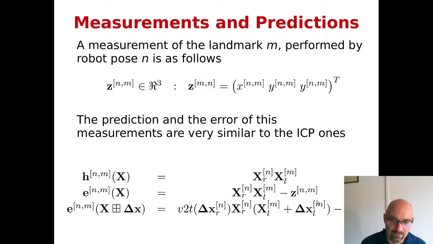If here I wouldn't have delta XL, which I don't because it's a constant in this case, because it's equal to 0, this function here would be the Jacobian of ICP. Am I right? Because this is the error function of ICP. If I compute the derivative with respect to delta XR, exactly, this will be the Jacobian of ICP if I derive with respect to delta XR.